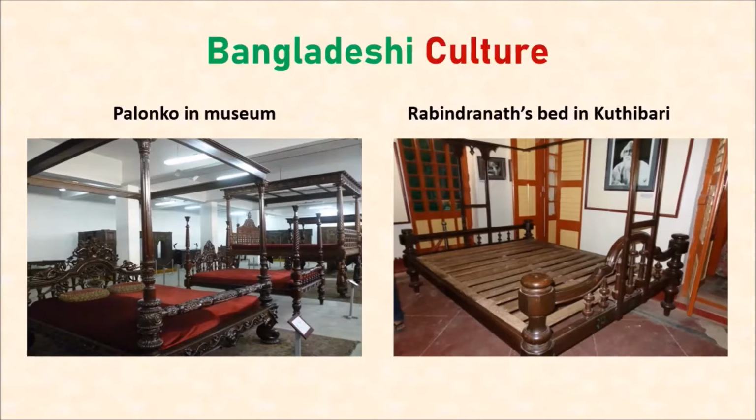You know, Rabindranath Thakur was born in 1861 and he died in 1941. So the bed is almost 80 years old. So that's the thing. Concrete culture can last for hundreds of years. I guess you are clear about this concept.